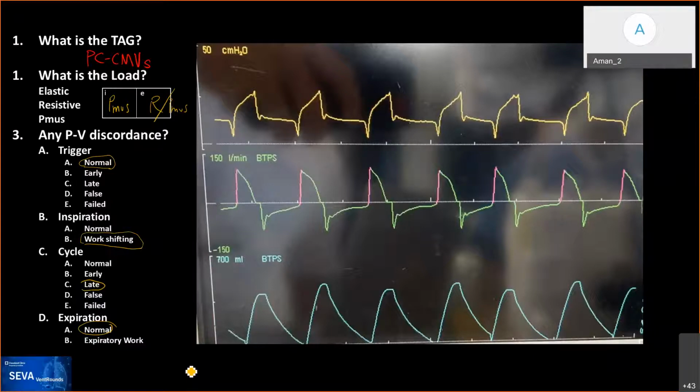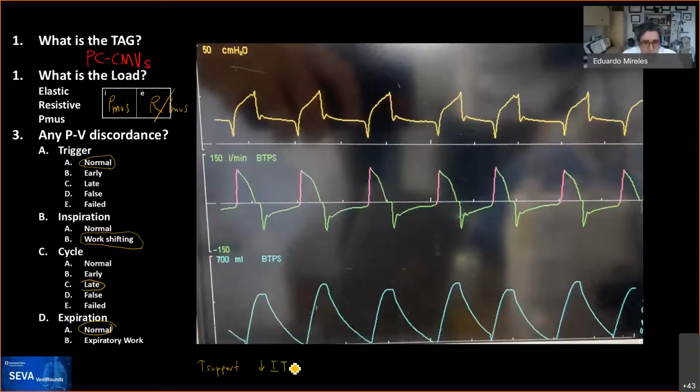Seems to me there's maybe a little bit more work shifting than I would want, that would make me want to do something. So I might want to increase the support a little bit. If I think the patient's not comfortable, go up on the pressure. That's one thing. And then obviously, I would probably shorten the I time a little bit, because of the late cycle.